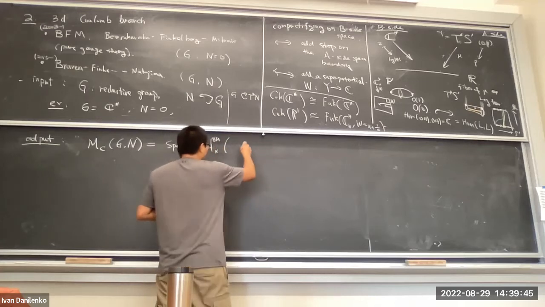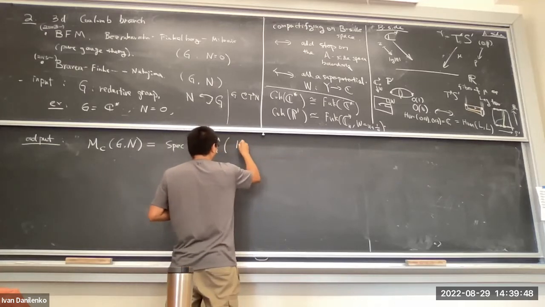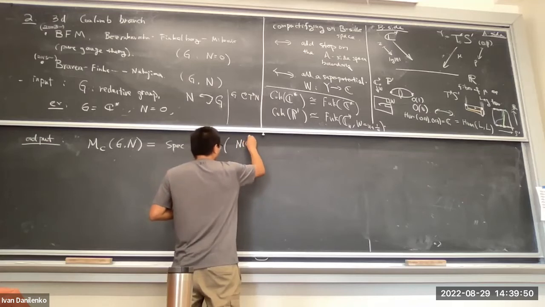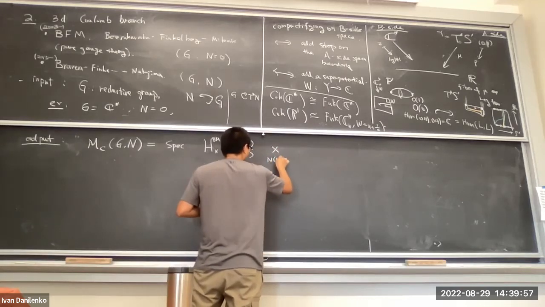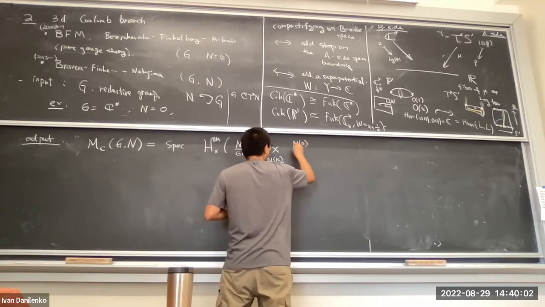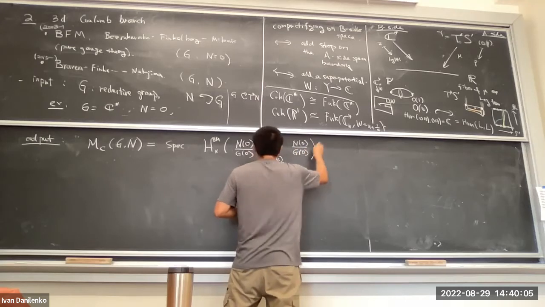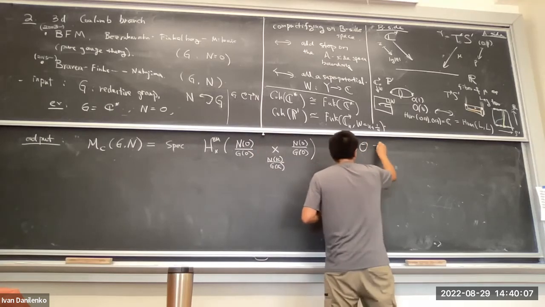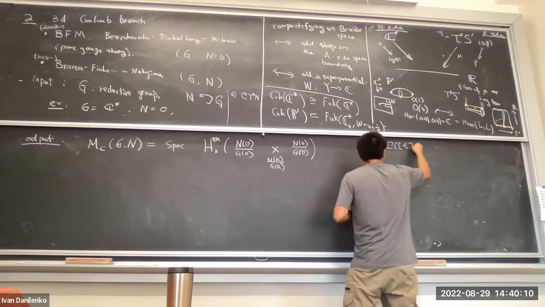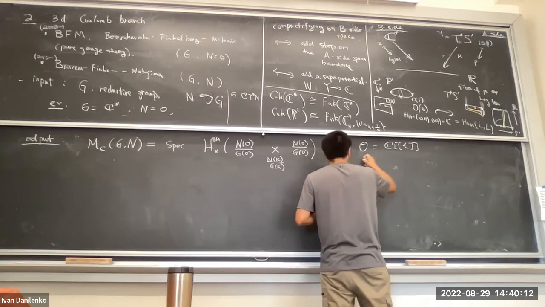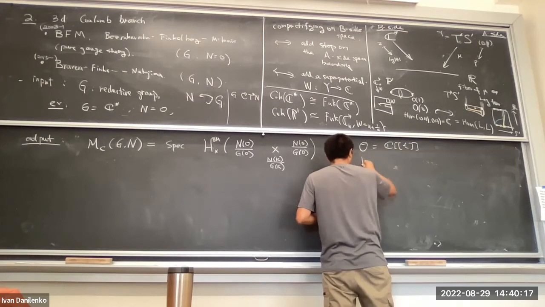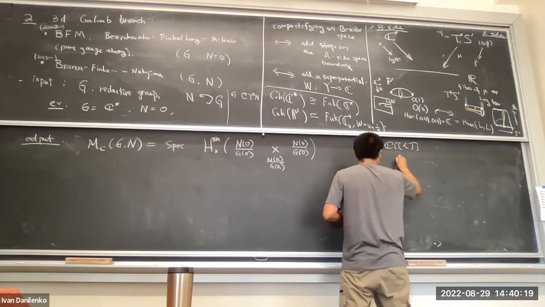But conceptually, this thing can be made precise. Where here the O is this power series ring, and this K is this Laurent series field.